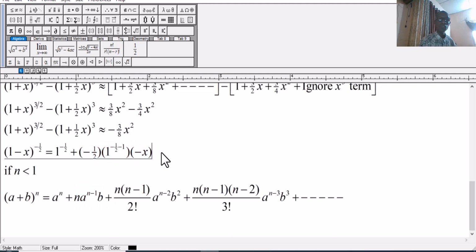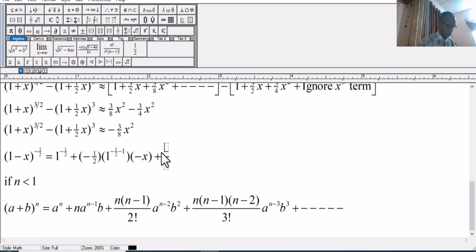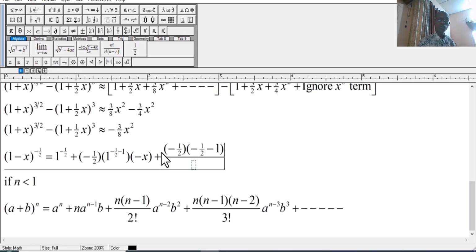So the next one is minus 1 over 2, minus 1 over 2 minus 1, all over 2 factorial. So we have 1 minus 1 over 2 minus 2.